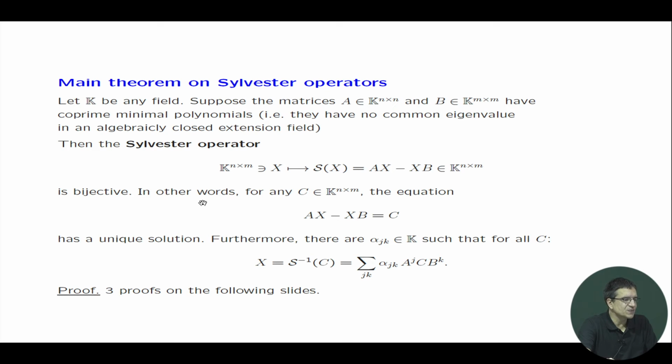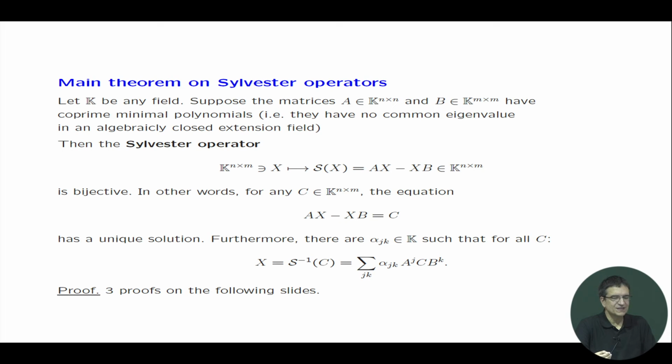Which means that for any right-hand side C, we have exactly one solution. But that can be said a bit more. Okay, there is a solution, but how can this be computed? It would be nice to have a formula.